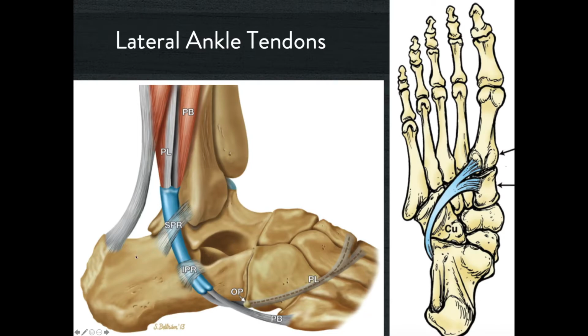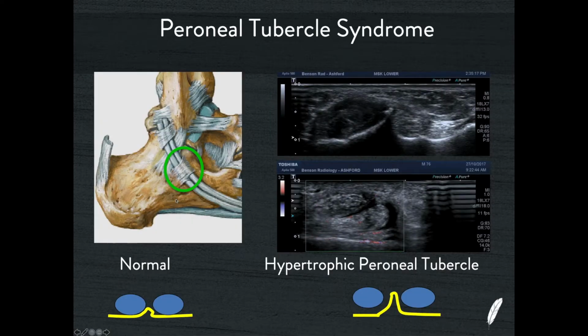If Peroneus longus is involved in the disease process, then this is nearly always because of, at this inferior peroneal retinaculum level, a peroneal tubercle syndrome. So peroneal tubercle syndrome attacks Peroneus longus, and compressive events attack Peroneus brevis.